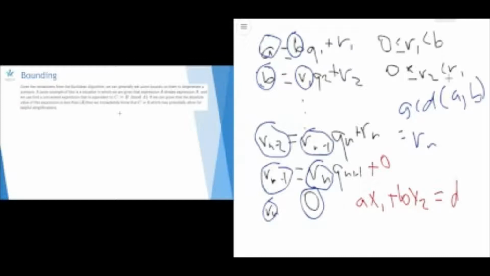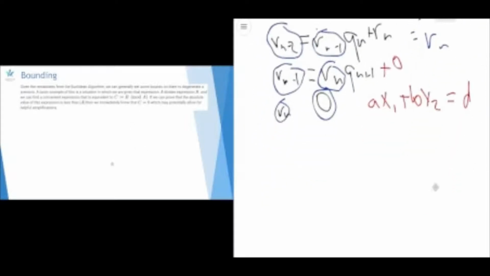So in particular, an example is where we have this expression, A divides B. And we know that there is a C equal to B plus MA, where M is just some integer.